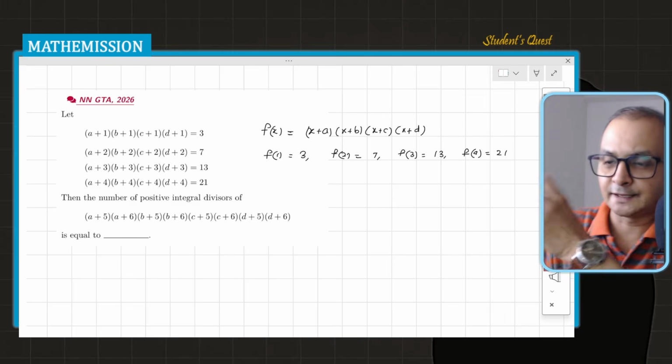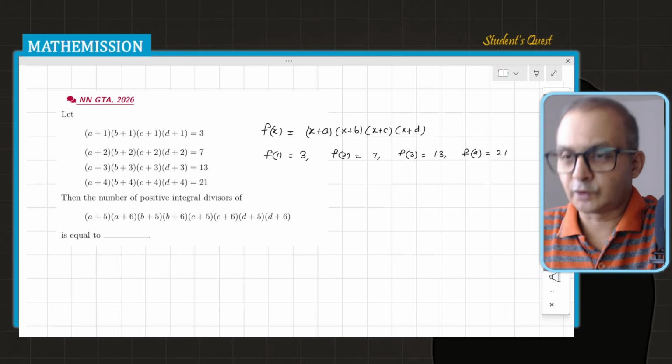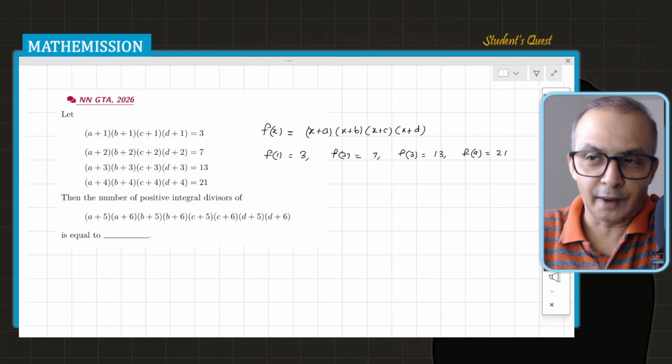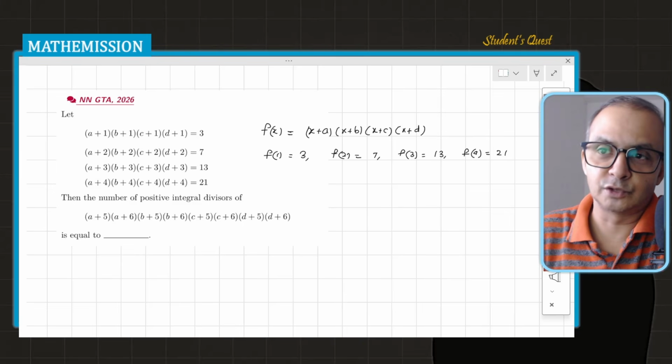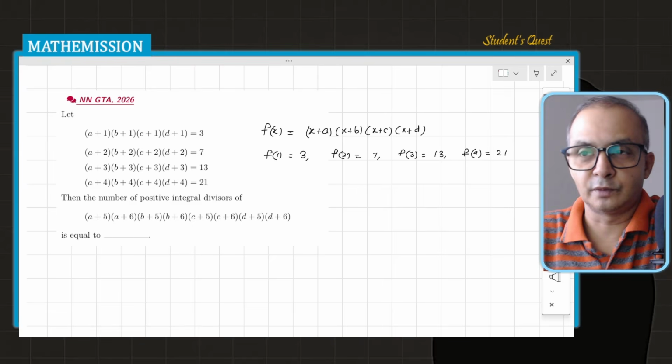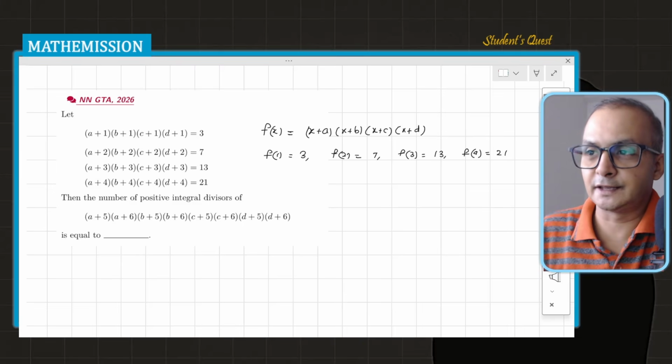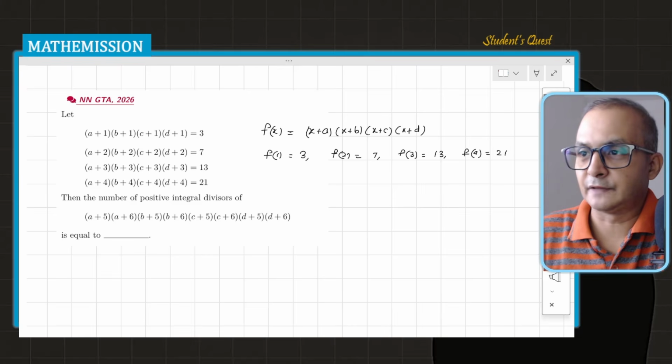If you are practicing solving questions of JEE Mains or JEE Advanced level, you might have encountered this kind of situation in polynomials, that sometimes we write the polynomial in factor form plus something, so that this will give you a series, like f(1) is 3, f(2) is 7, and so on.